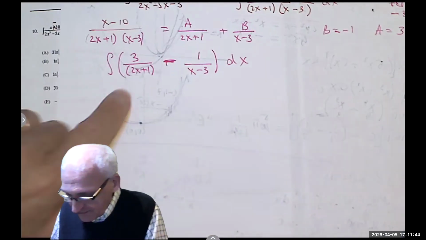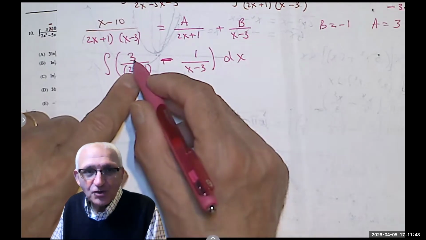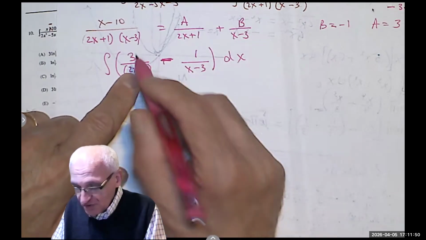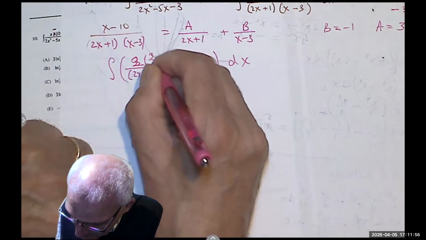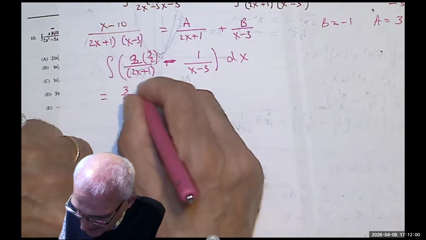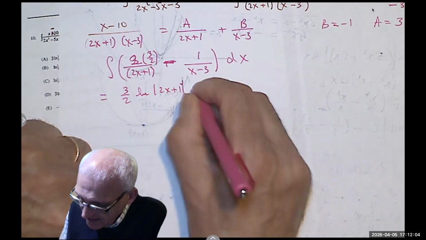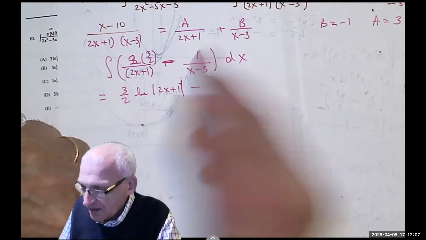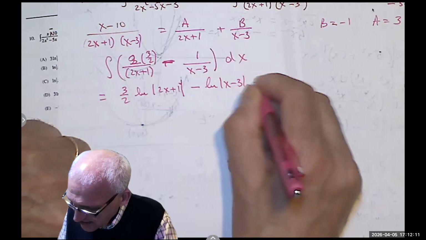If the derivative of 2x plus 1 is 2, I have 3, not 2. So what do I do? If I want the 3 to be 2, I'm going to say 2 times 3/2. So this becomes 3/2 natural log of 2x plus 1 minus, the derivative of the denominator is 1, so it's natural log of x minus 3 plus a constant.